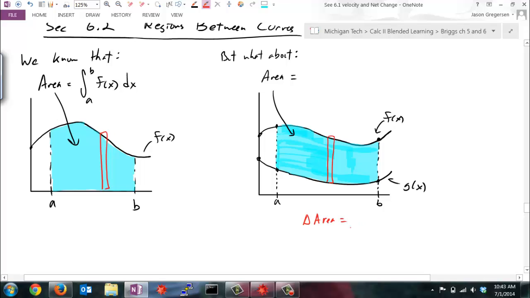And all it is is the height and width of that box. Well, the height of that box is going to be this distance minus this distance. It's going to be the distance to the top curve minus the distance to the bottom curve. That should give me the height of the box. The width of the box, what's the width of my box?